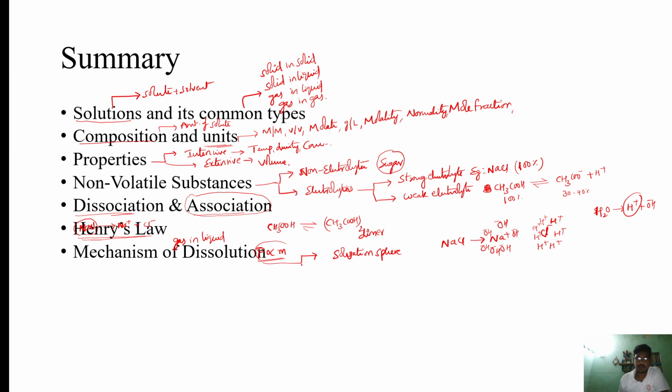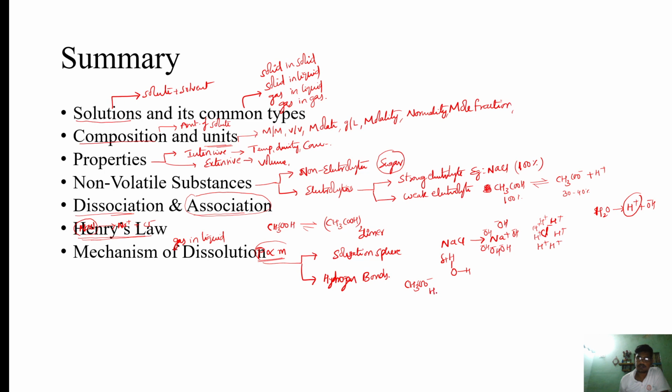One is the solvation sphere, another one is hydrogen bonds. This is similar to the previous case, but here let us take the example of CH3COO minus. Since you have a negative charge and it is partially dissociated, you have a partial positive charge on the hydrogen atom.